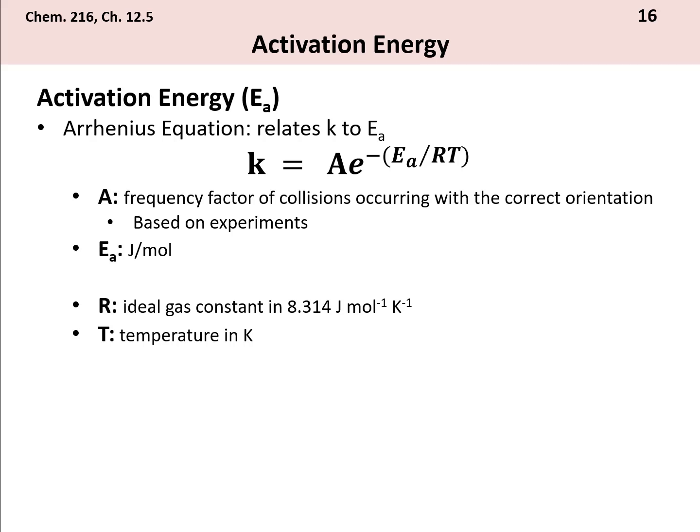The Arrhenius equation is this: k, the rate constant, is equal to capital A times e to the negative Ea over RT, where A is an experimentally determined constant called the frequency factor. It's the number of collisions with the correct orientation, right? Because remember, just because there's a collision doesn't mean it's going to form a reaction.